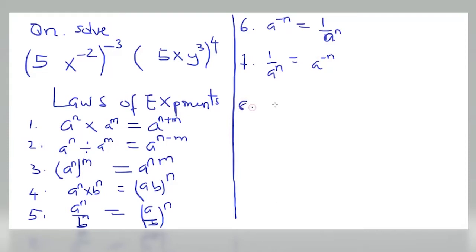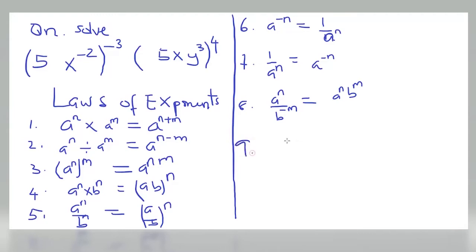Another law, if you have a^n over b^-m, this can be written as a^n times b^m.